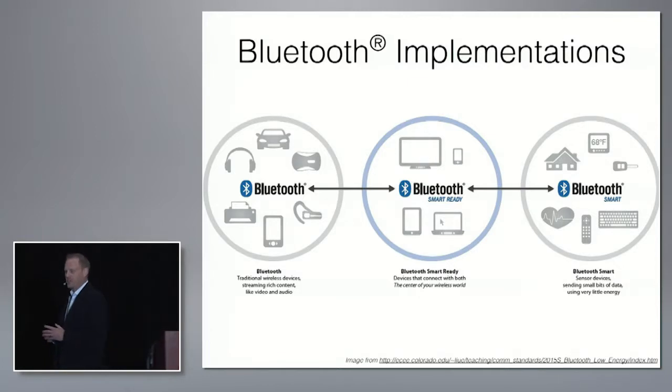Bluetooth implementations. I was very fortunate to take a class on Bluetooth last year, and one of the things that was really confusing to me was the different implementations and how different things work. First and foremost, the first Bluetooth that came out is known today as Bluetooth Classic.